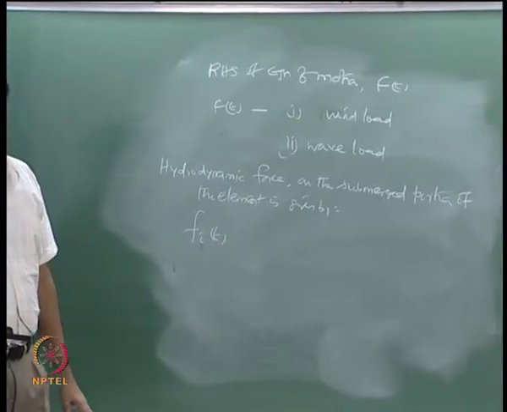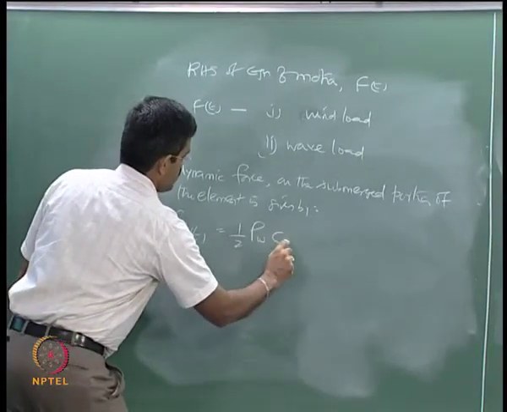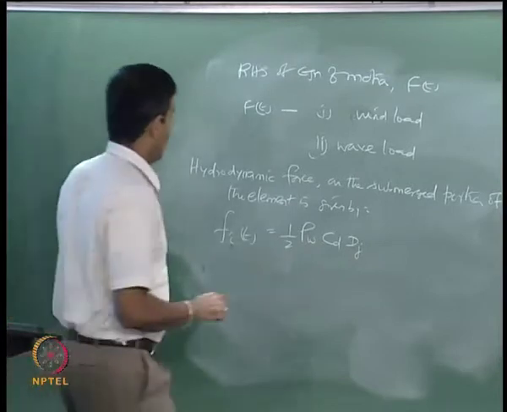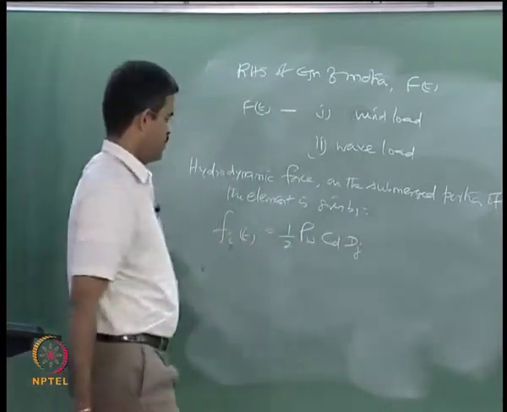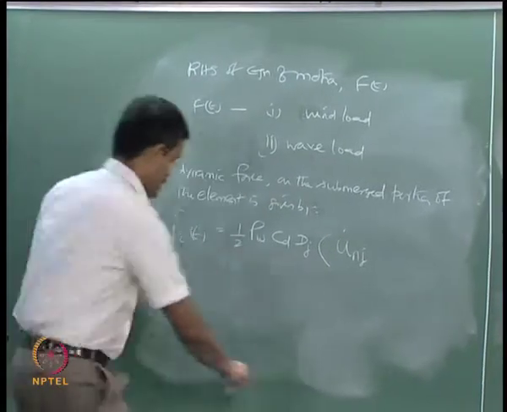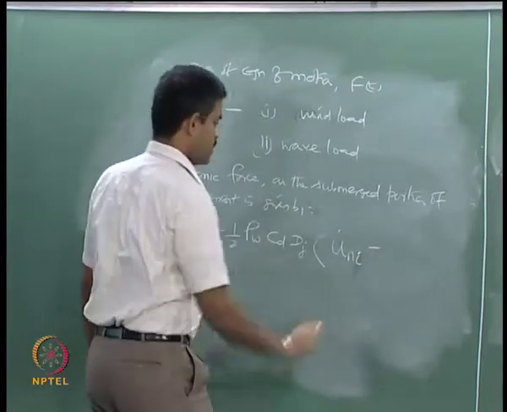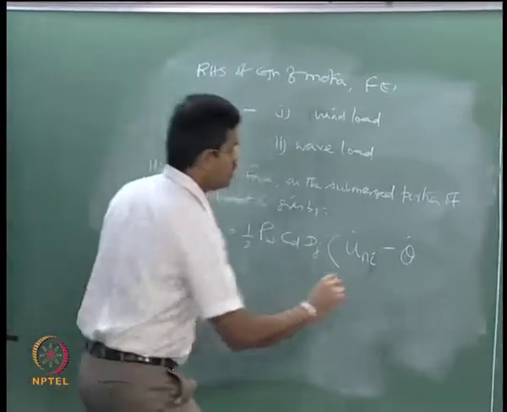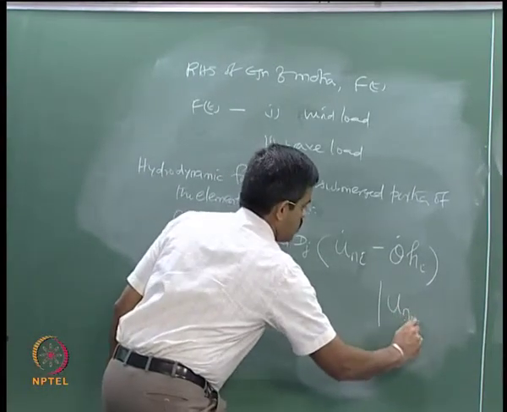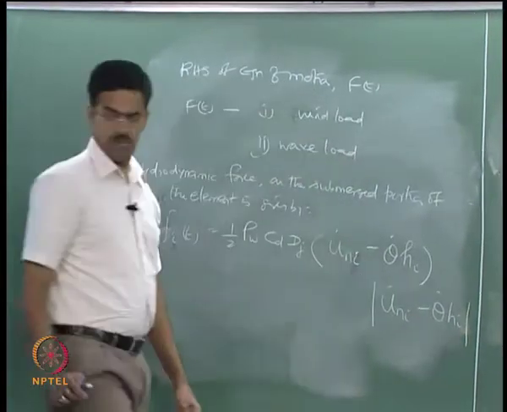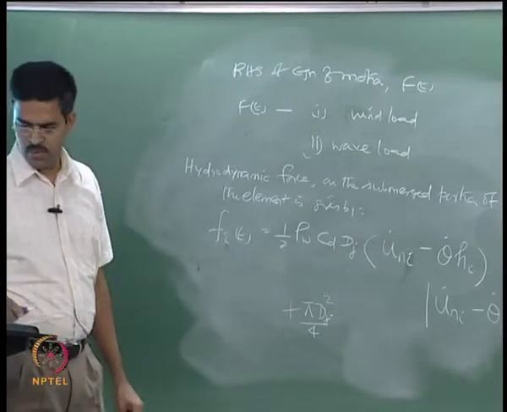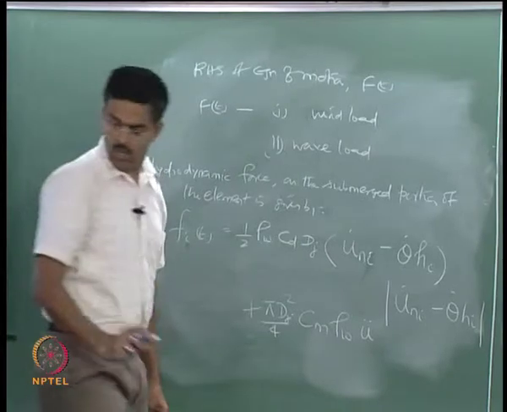Half rho w CD d_j of the jth element, is given by the jth element, u dot n_i, this should be n_i because that is node n_i, minus theta dot into h_i, I will come to what it is, multiplied by the mod value of u n_i minus theta dot h_i, plus pi d squared by 4 of the jth element Cm rho w u double dot of n_i.